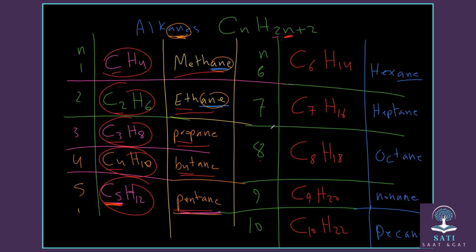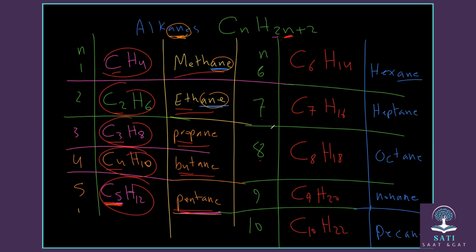So we need to remember the name of each of these 10 and its molecular formula, which is CH4 or C2H6. And we need to remember the number of carbon atoms. To find how many hydrogen atoms, you just multiply the carbon atoms times 2 and add 2.